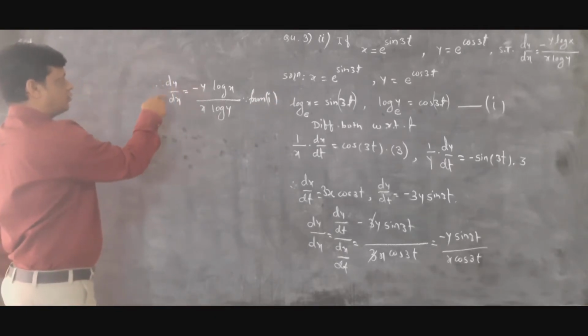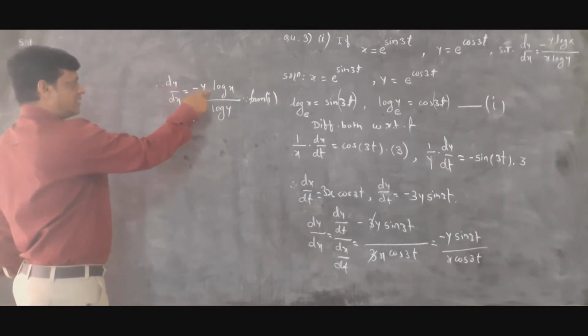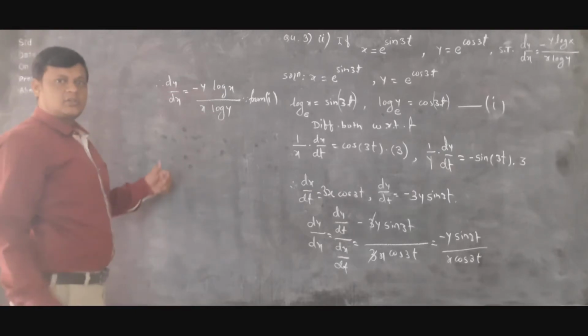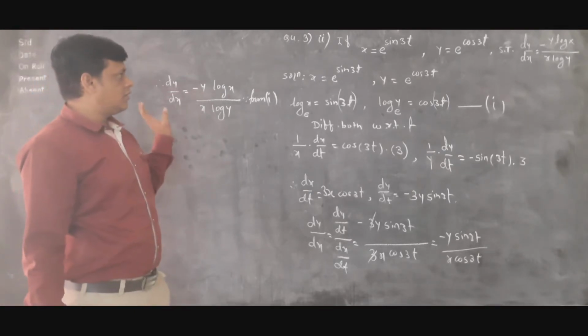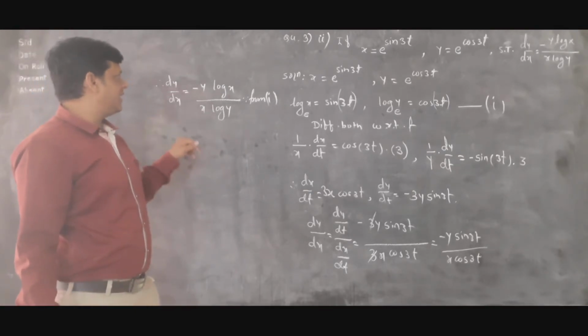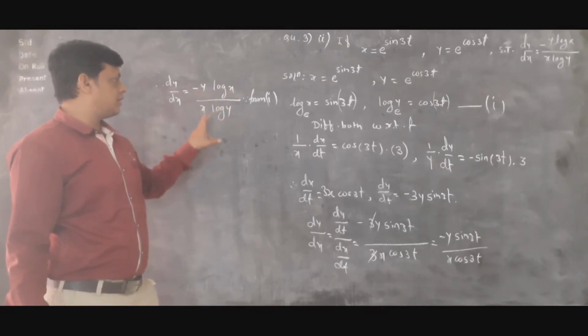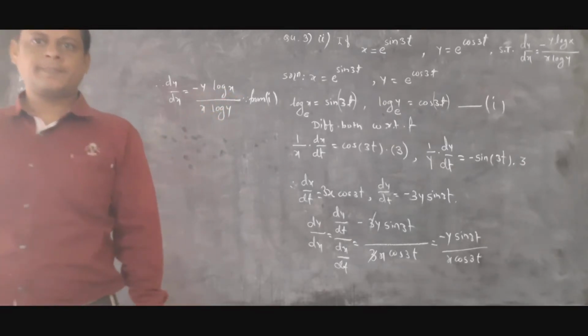So here we show dy by dx equals minus y log x upon x log y. In this way we have shown dy by dx equals minus y log x upon x log y.